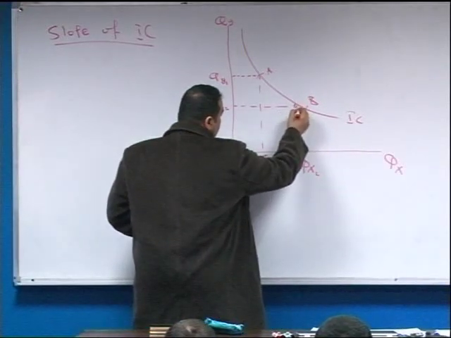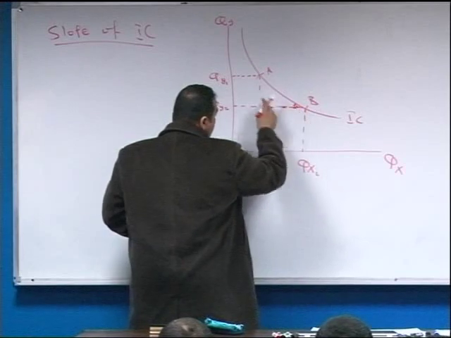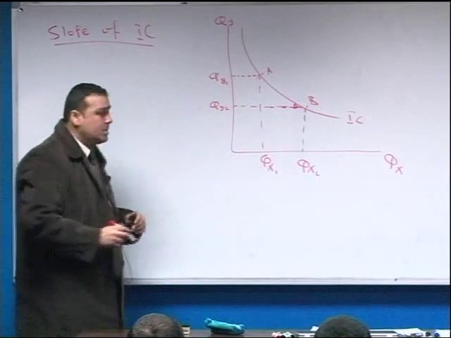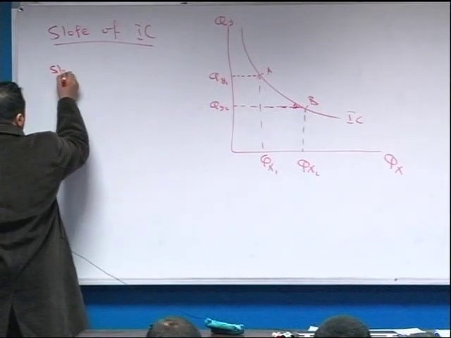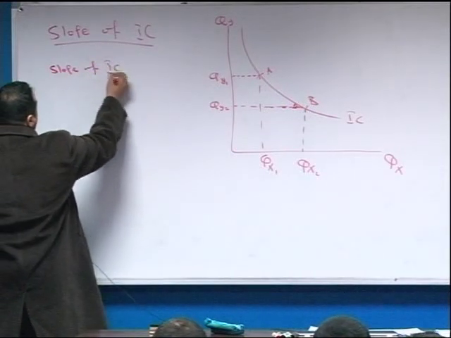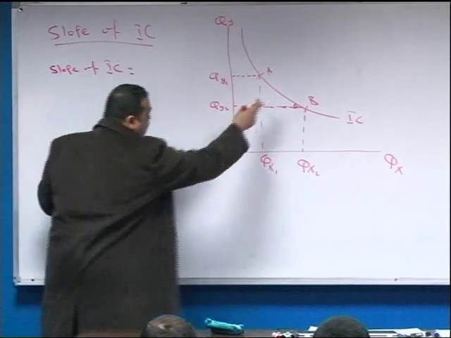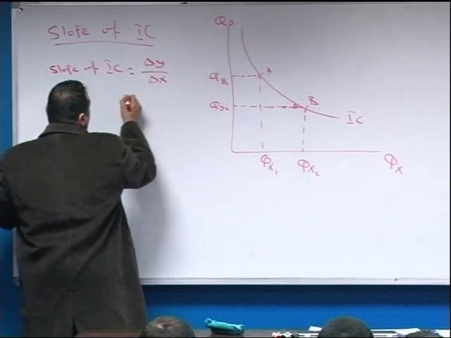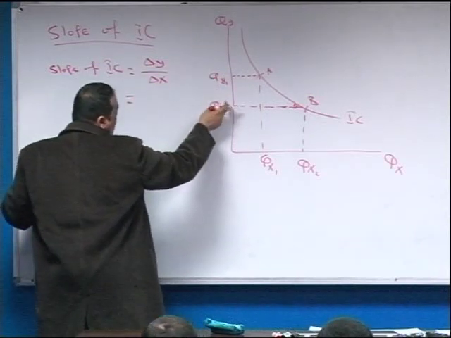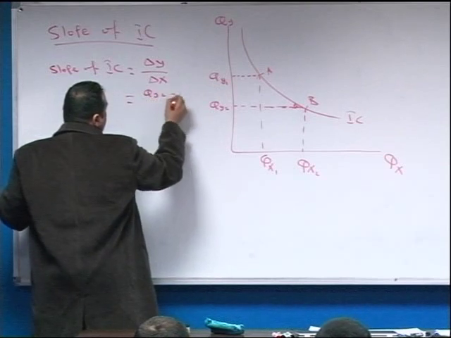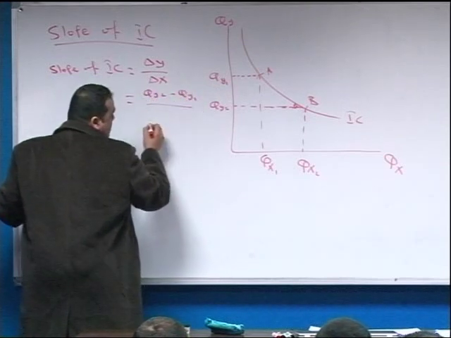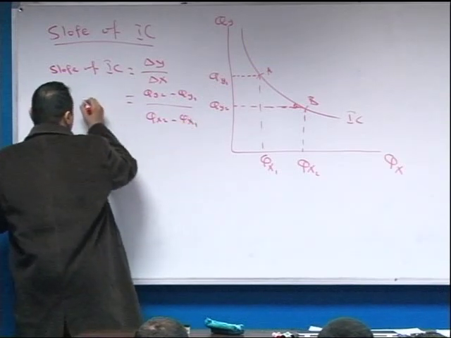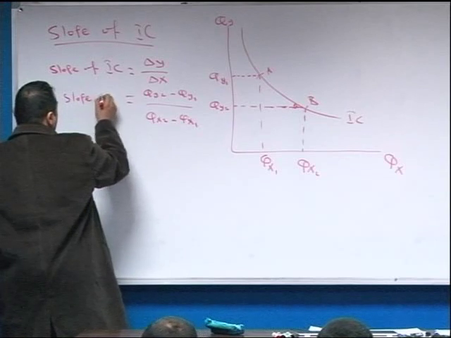we must take the opposite over the adjacent, right? Which is delta Y over delta X. So the slope of indifference curve is delta Y over delta X, or QY2 minus QY1 over QX2 minus QX1. Slope of IC.